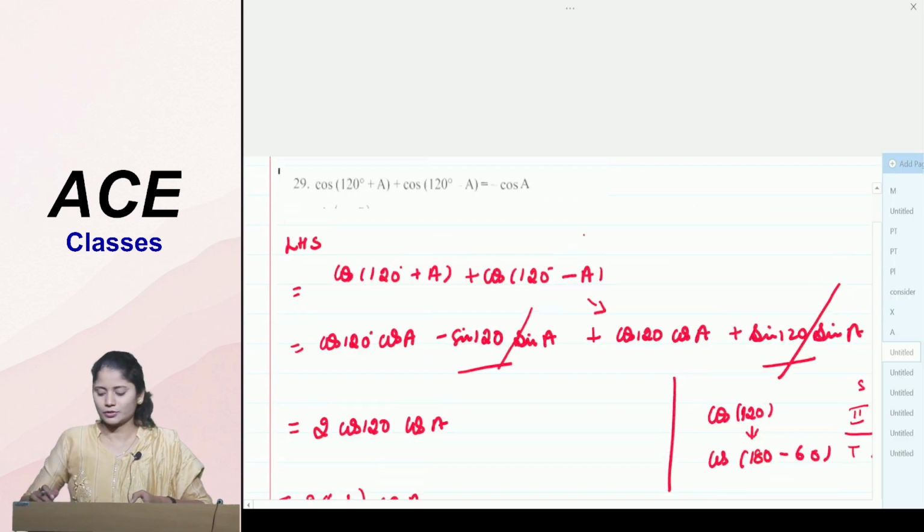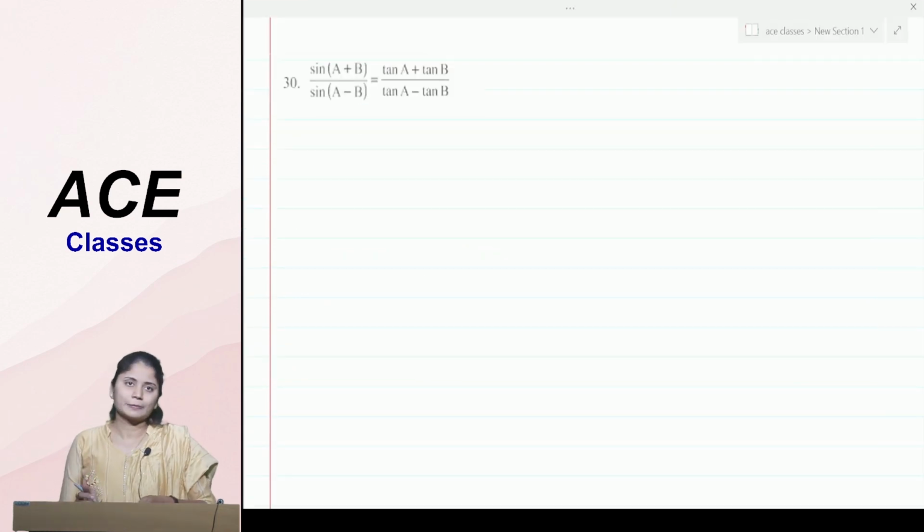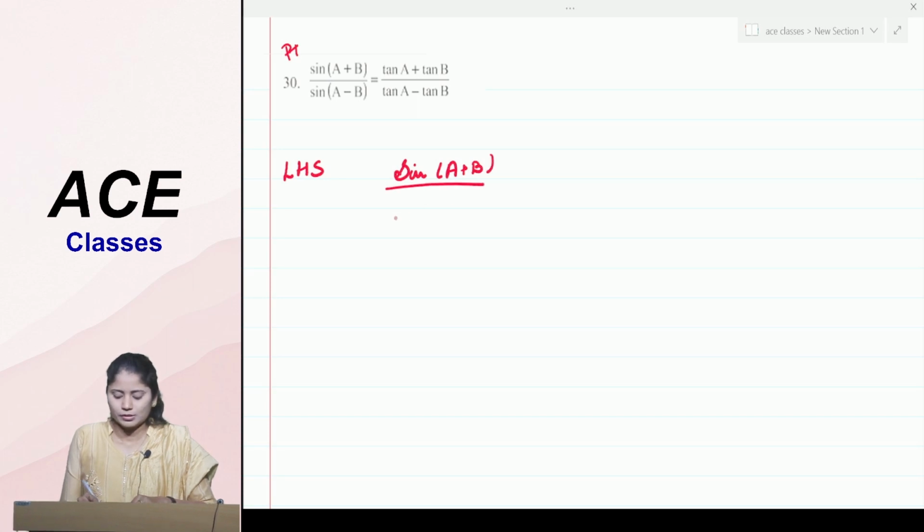Okay, last question. See here, sin of A plus B by sin of A minus B equals tan A plus tan B by tan A minus tan B. So now we need to prove this. For that, I'll consider the LHS, which is sin of A plus B over sin of A minus B. What is the formula for sin of A plus B?